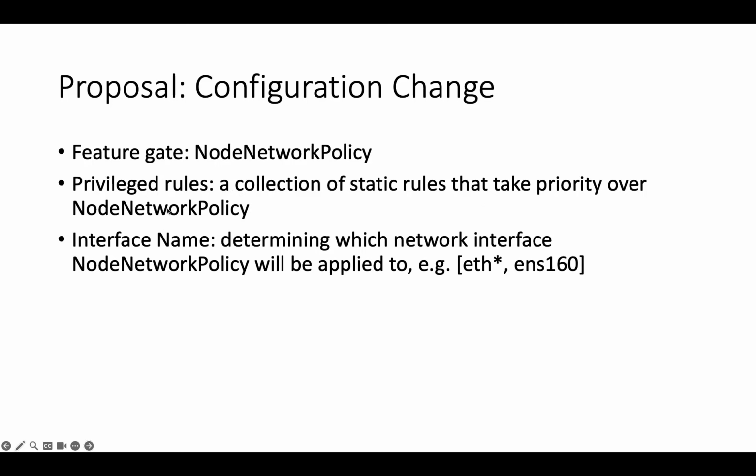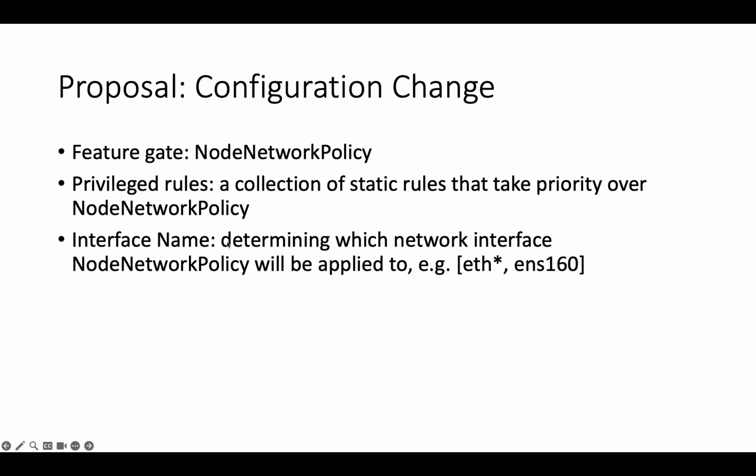And the third configuration we need to add is an interface name option. It will determine which network interface the node network policy will be applied to. By default, we could apply the node network policy to all interfaces of the node. However, users may want to only apply the policies to some specific ports.